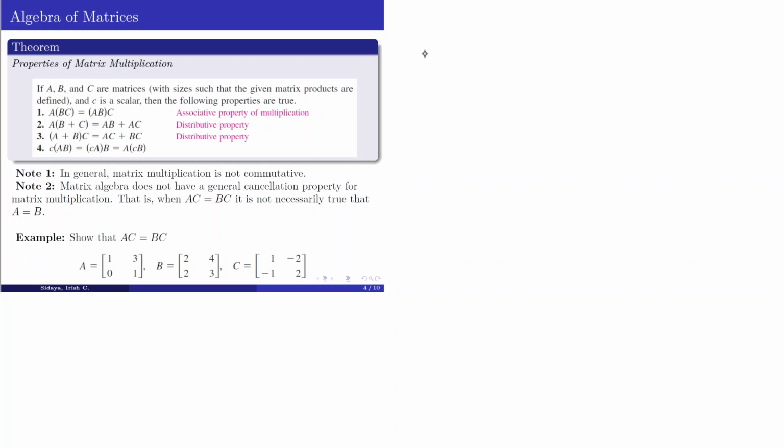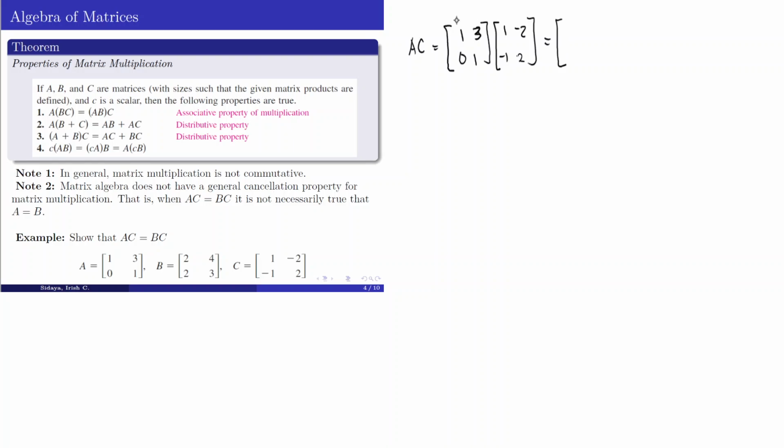So let us multiply AC first. Matrix A times matrix C, we have 1, 3, 0, 1 multiplied by 1, -2, -1, 2. So recall how we multiply matrices.